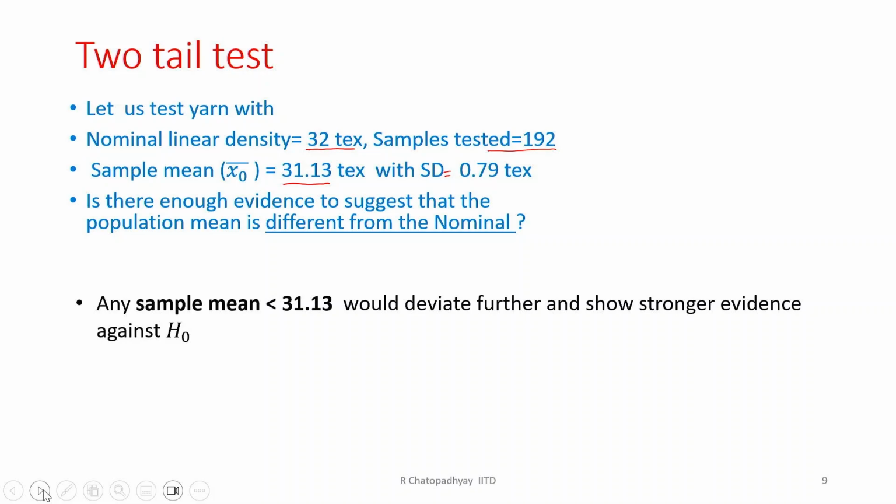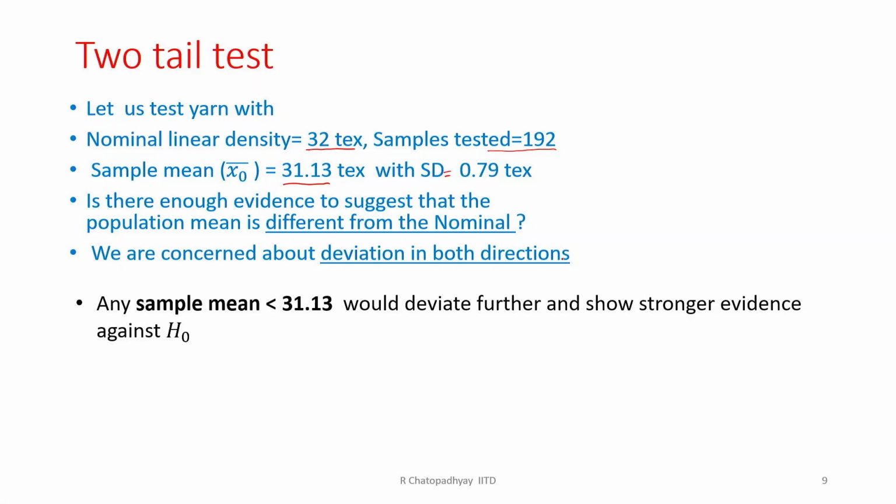Any sample mean less than 31.13 we are concerned about. Now the question is: is there enough evidence to suggest that the population mean is different from the nominal?